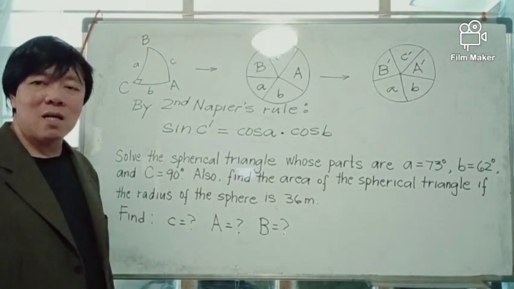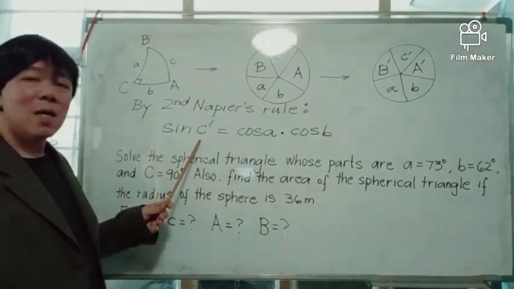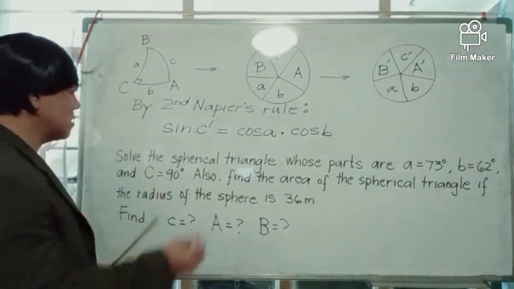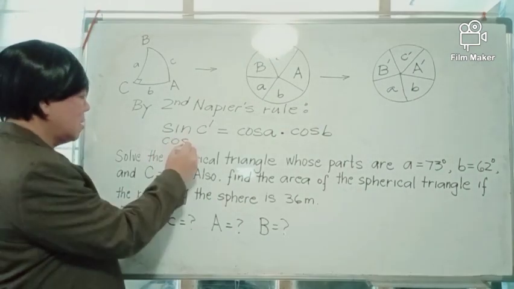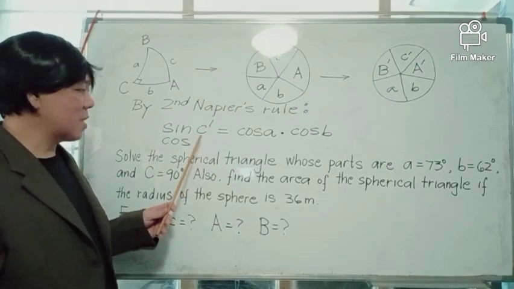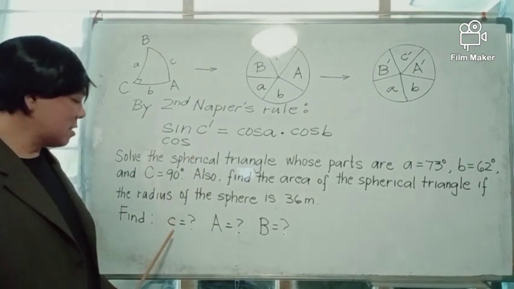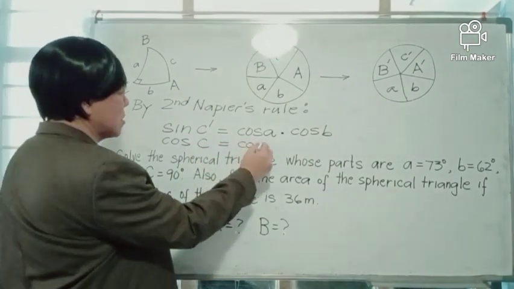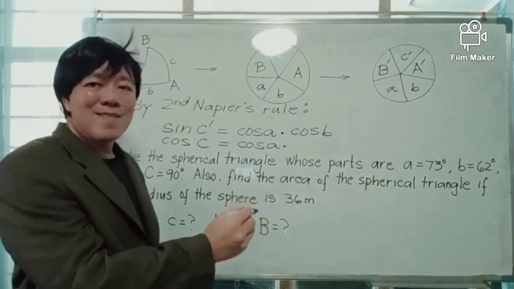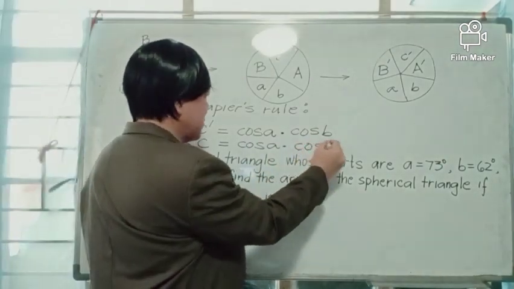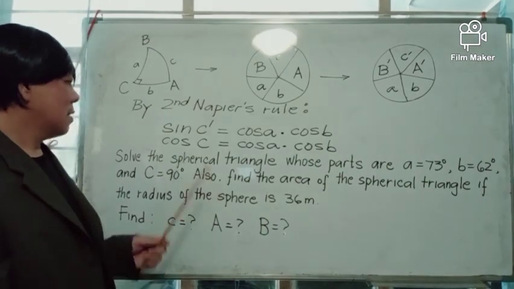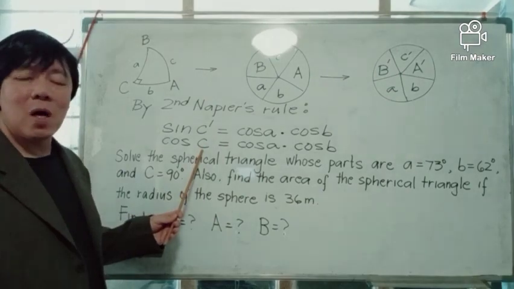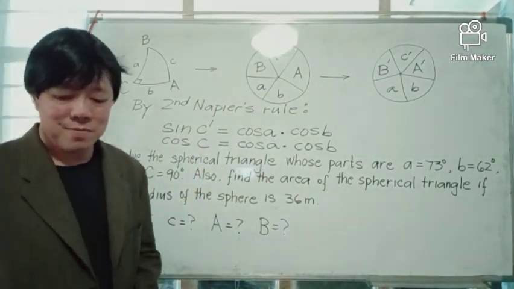Thus, by the complement angle theorem, the sine of c prime is equal to cosine of the complement of c prime, and the complement of c prime is small c, which is equal to cosine of a multiplied by cosine of b. It is from this equation that we will find the value of small side c.